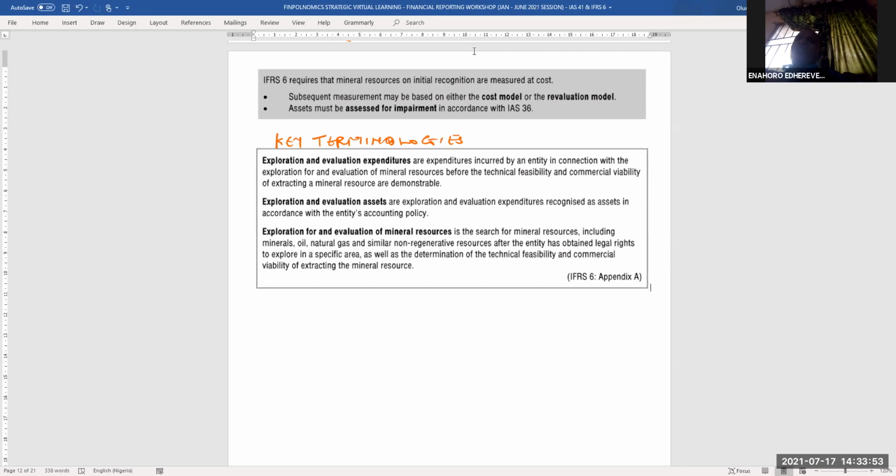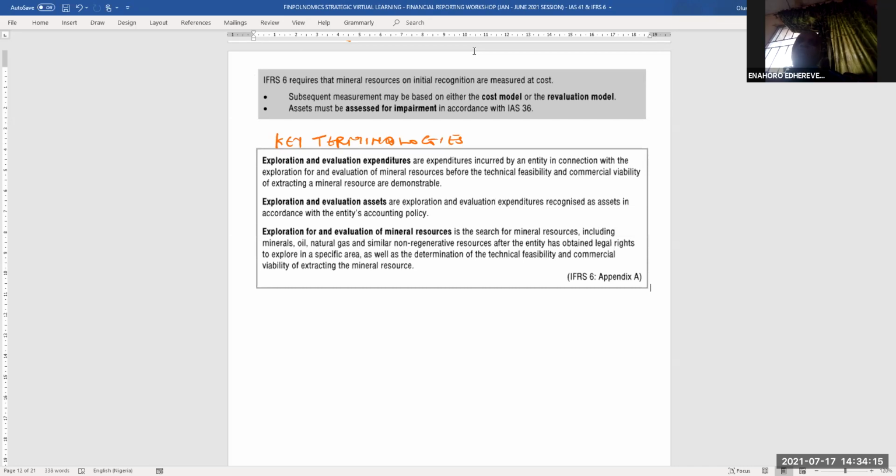Exploration and evaluation expenditures are expenditures incurred by an entity in connection with the exploration for and evaluation of mineral resources before the technical feasibility and commercial viability of extracting the mineral resources are demonstrable.